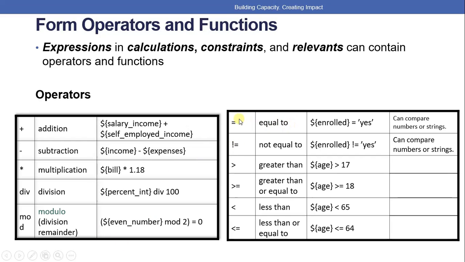Equal to is used as the equal sign. Not equal to is usually very good, especially when you are doing relevance or skip logic. Greater than is represented by that particular sign. Greater than or equal to is represented by this. Notice that the equal sign is always in front and does not start.